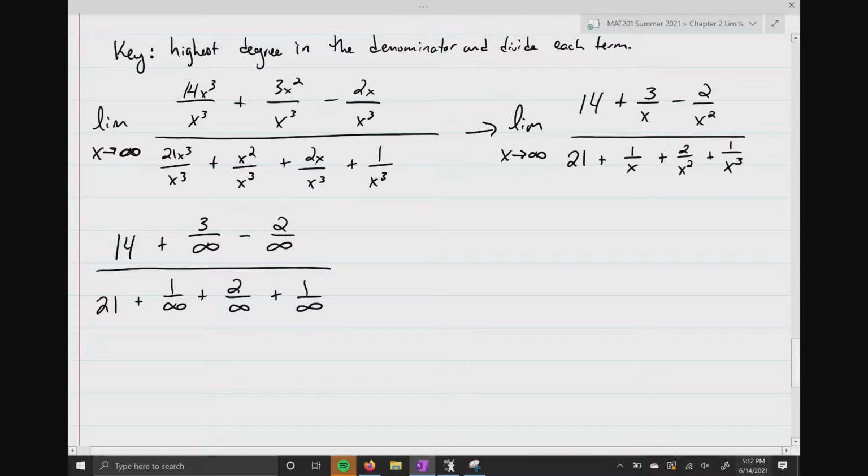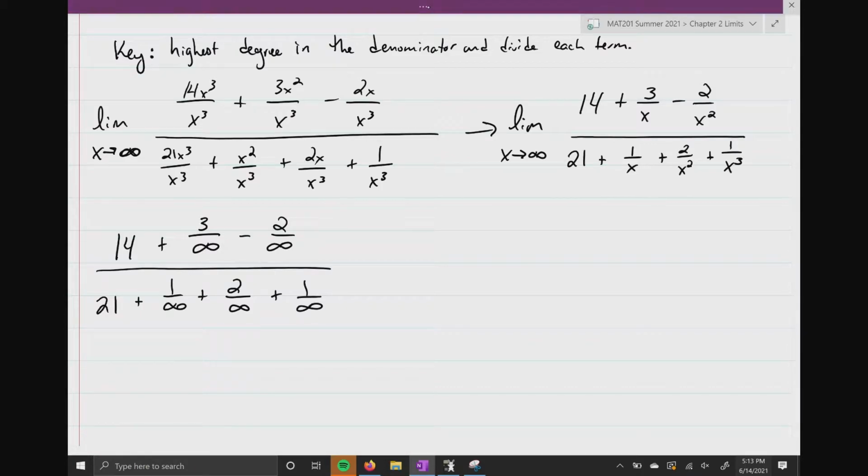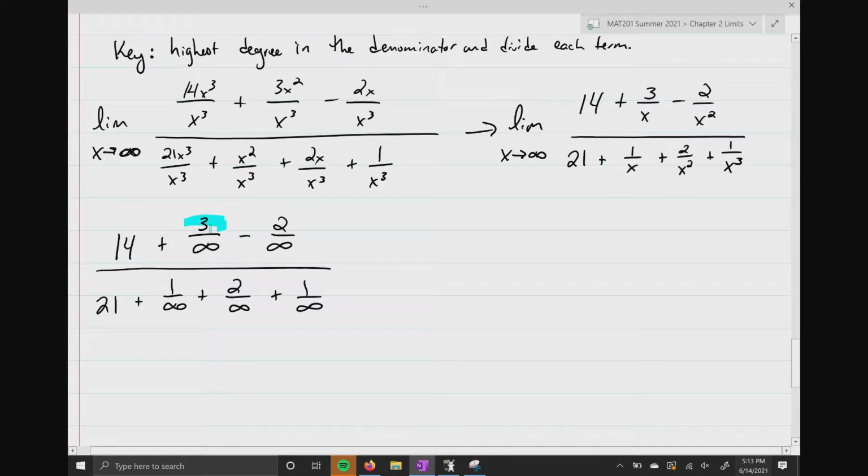Now, if you think about this, 3 divided by infinity is nothing more than just 0. It's like having 1 divided by an extremely large number. So all the highlighted terms, right here, and all 3 of these in my denominator are all going to go to 0, because it's basically a constant divided by an extremely large number.